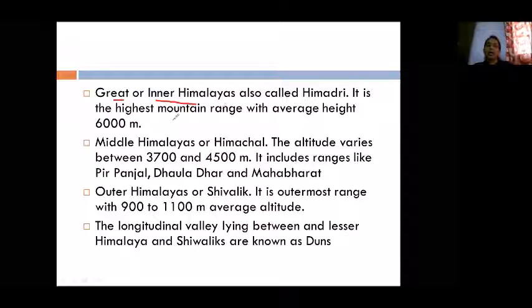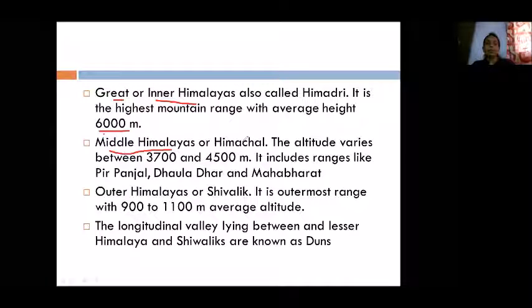It is the highest mountain range with an average height of 6,000 meters. The Greater Himalaya is the highest mountain range, and the average height of this range is 6,000 meters. After that, turning toward the south, is the Middle Himalaya.